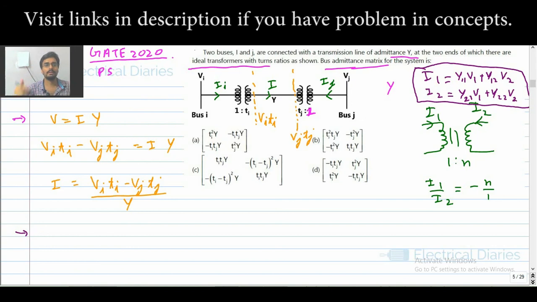What is the basic two-port network structure? The basic structure is in this fashion. What we are told is to always remember the directions: the voltage polarities will be in this fashion and current is always entering. So that is why I have assumed this Ii and Ij in this fashion.